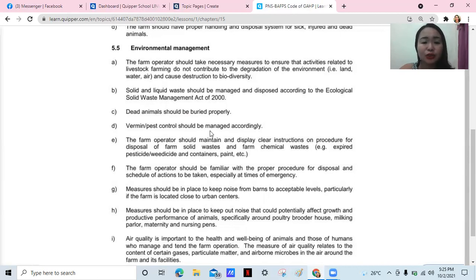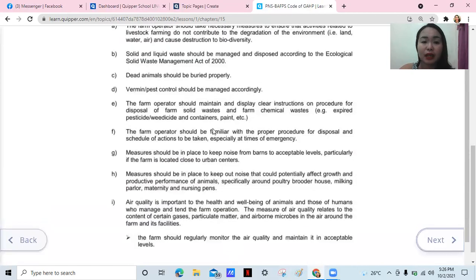And vermin pest control should be managed accordingly. Because we know naman, no, that our pests or even rats can go anywhere, and they can scatter the bait or their pesticide around some food, even our food, and then it can be contaminated.